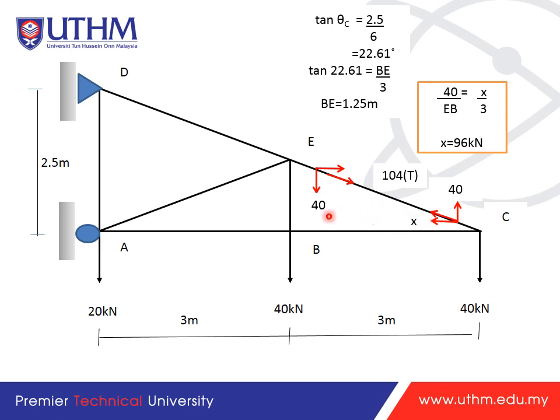Next you can continue to this part, which is member BC. What about the value? The value you see here exists in X. We don't have any other X, and we also don't have an external force here in the X direction. So we just get X, which is 96, and the direction will be opposite.